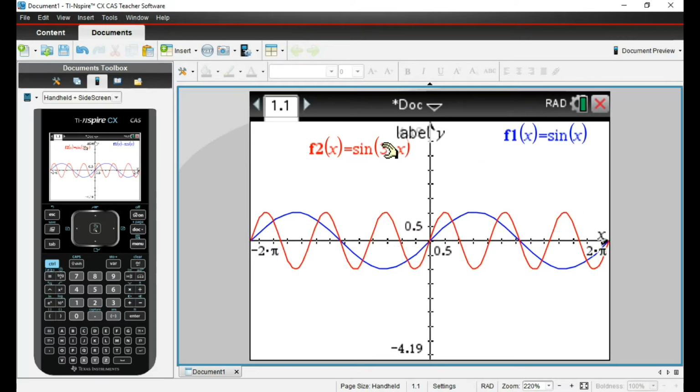So the bigger the number here, the more compressed, if you think about it like a spring, the graph becomes. The bigger the number in front of the x.